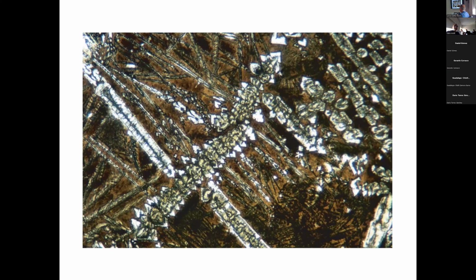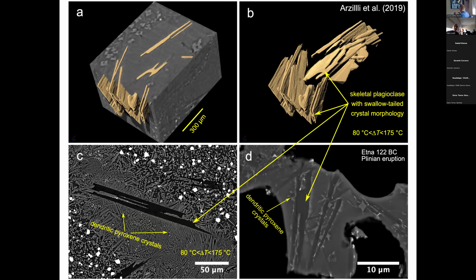You can see this kind of growth. This is like an olivine, I don't remember which magma with these textures. This is a plagioclase. I'll show you this evening in the talk, where we performed these experiments together.